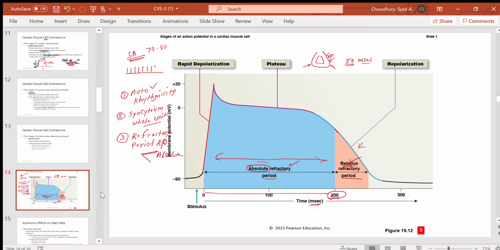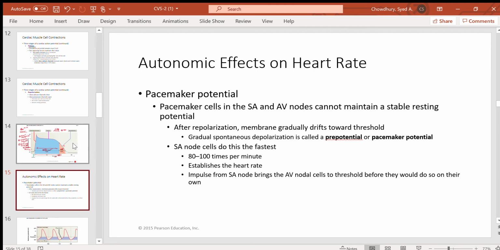So this is a very important protection for the heart. Otherwise, if the heart listens to outside signals, it will not be able to finish its function.